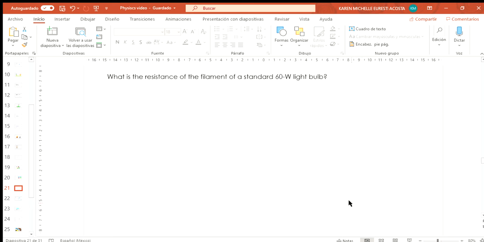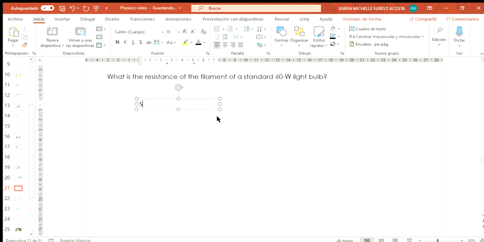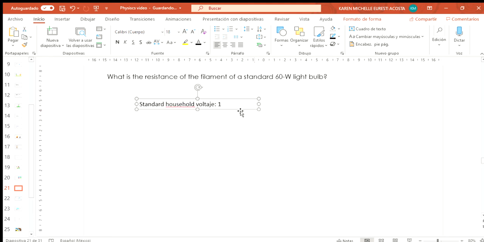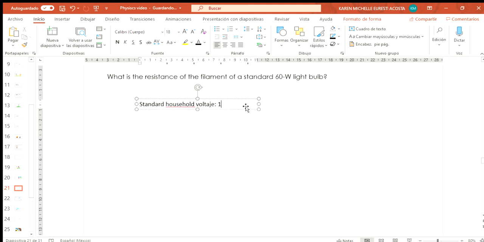So the problem says, what is the resistance of the filament of a standard 60 watts light bulb? So we know that the standard household voltage is 120 volts.